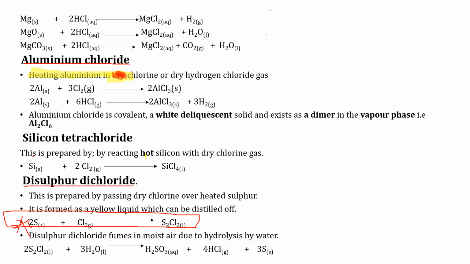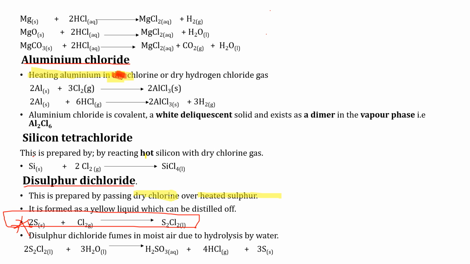So we are saying that sulfur, on heating it with chlorine gas, that's why the conditions are being mentioned. The condition is heated sulfur, and once it's heated, it is going to react with a dry gas, which is dry chlorine gas.